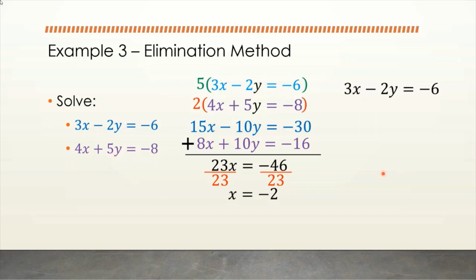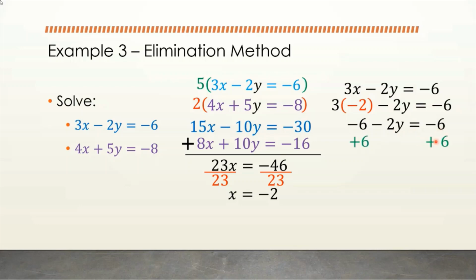Again, it doesn't matter which. Taking the first one, 3x minus 2y equals negative 6, and replacing x with negative 2, now I just solve for y. So it becomes negative 6 minus 2y equals negative 6.